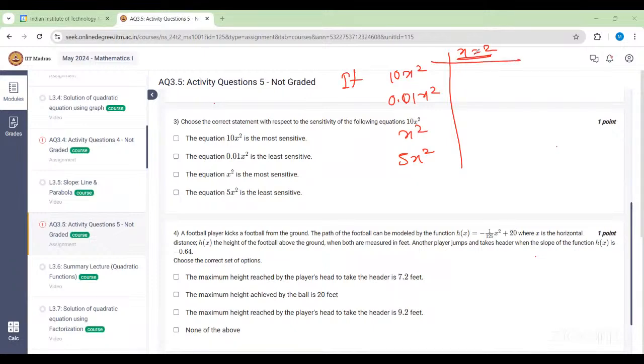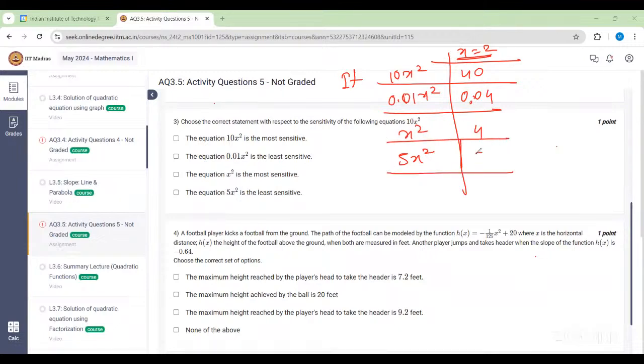In the first one, 2 square into 10 is 40, right? Here you get 0.1 multiplied by 4, which is 0.04. If you substitute 2 here, you get 4. If you substitute 2 here, you get 20. So you are getting the largest value with the expression 10x square.